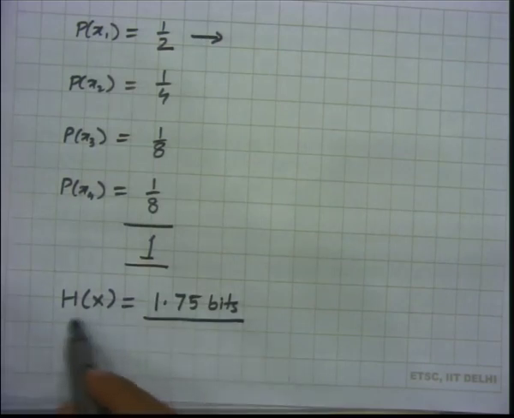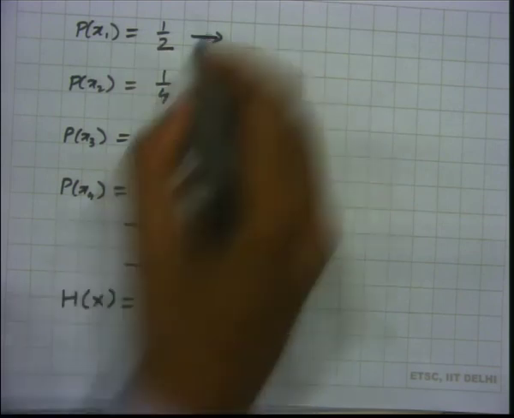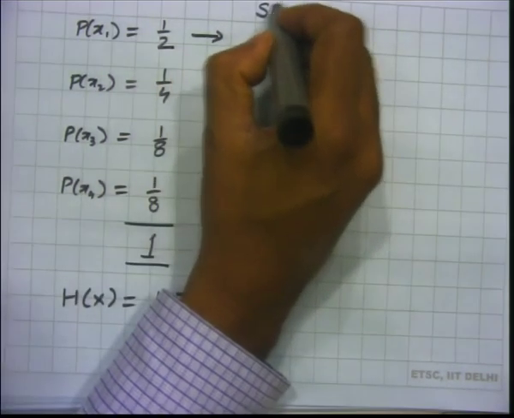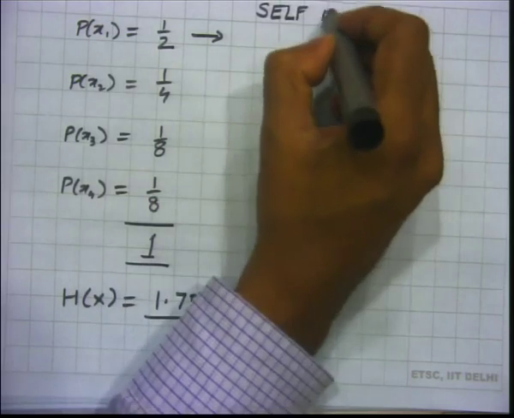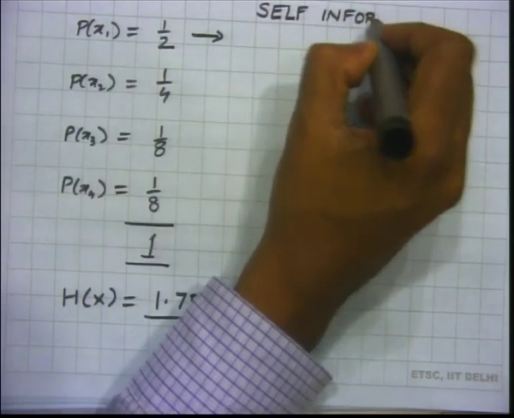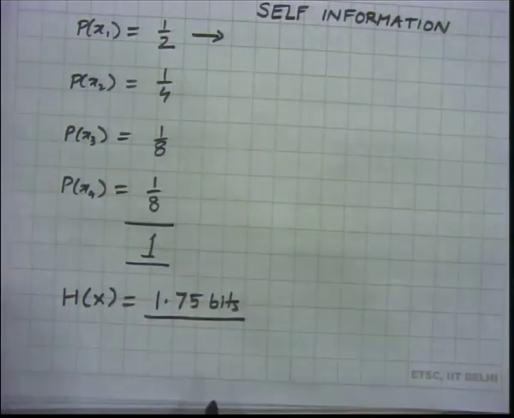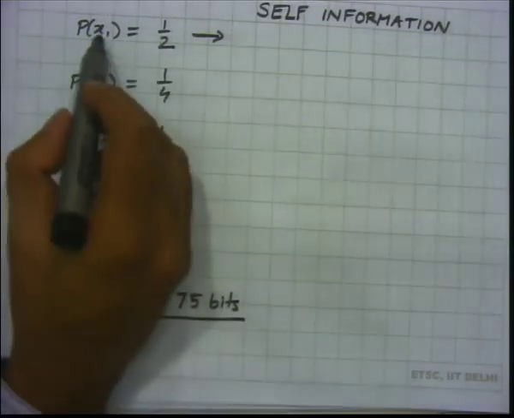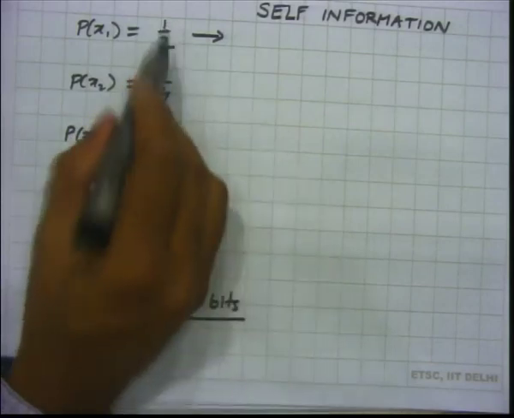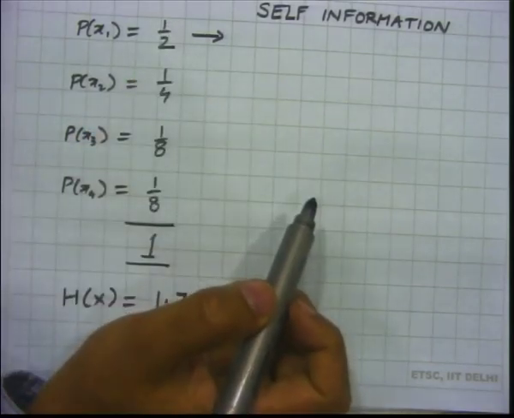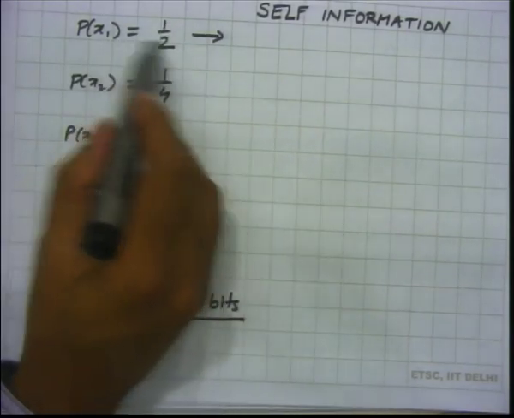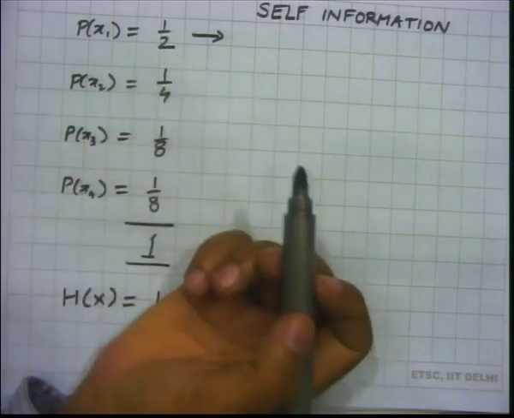But what is this average self information made out of? It is made of self information. So, let us look at the self information. Because x1 occurs with probability 1 by 2, what is its self information? How much respect does it command in terms of the bits?